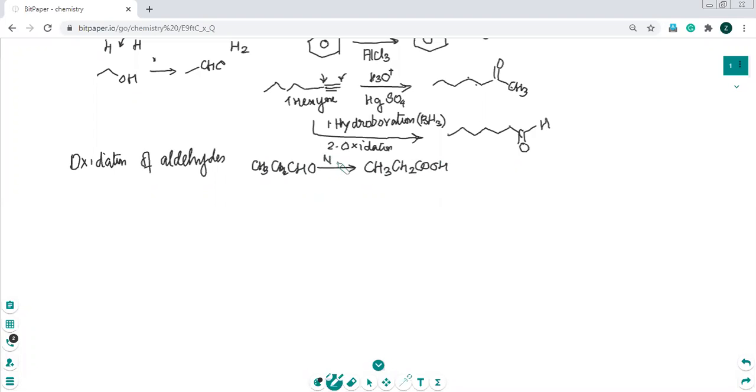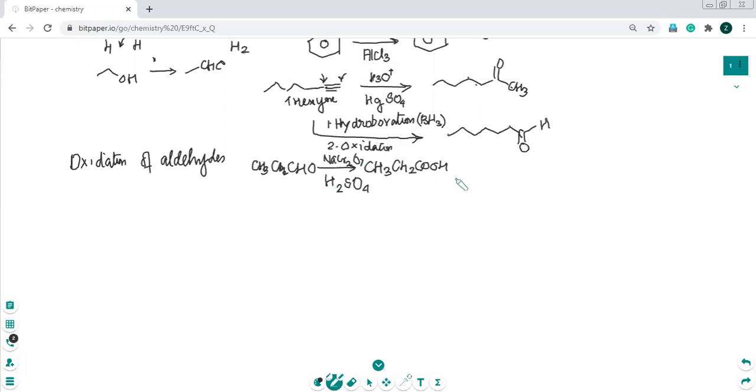I told you, you cannot stop at this. Na2Cr2O7 and sulfuric acid. So that is the case with the aldehyde, but you cannot do the same job with the ketone.